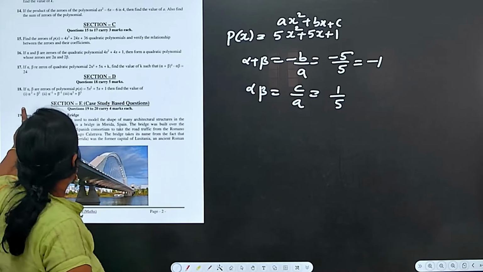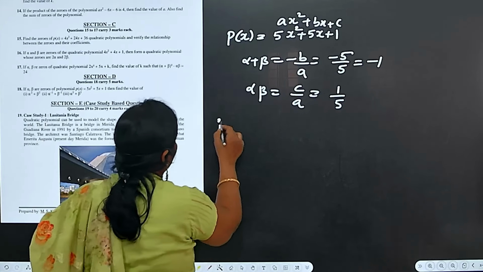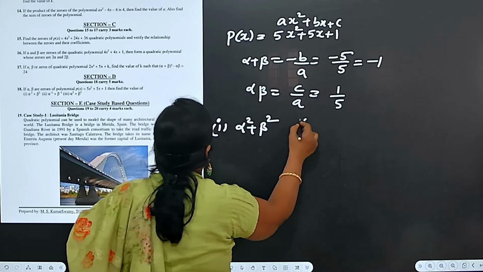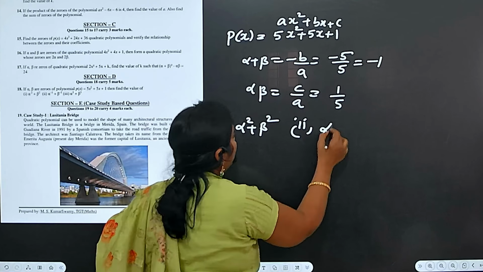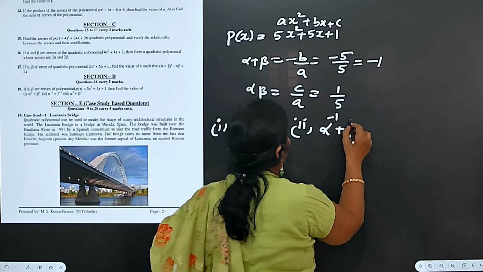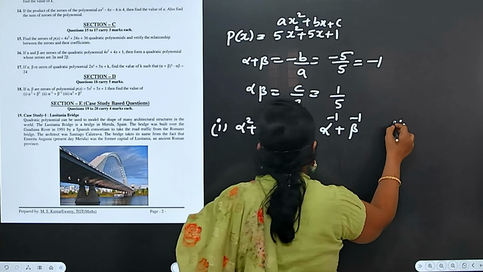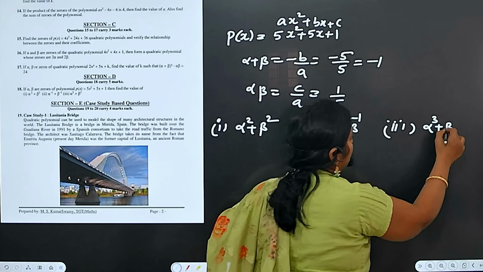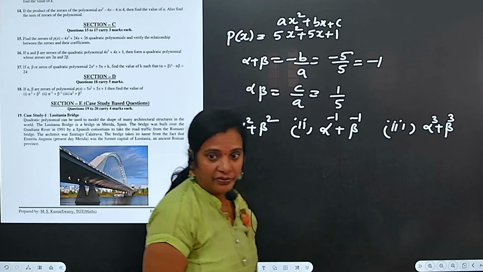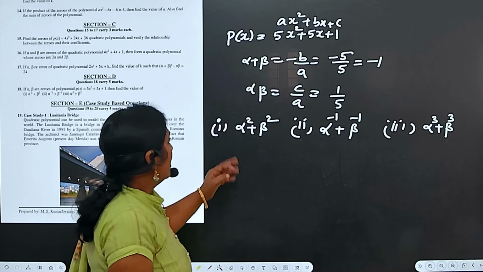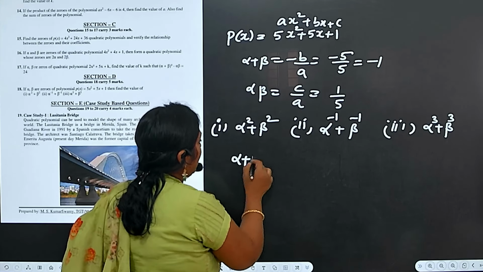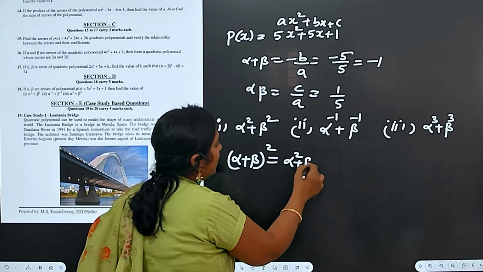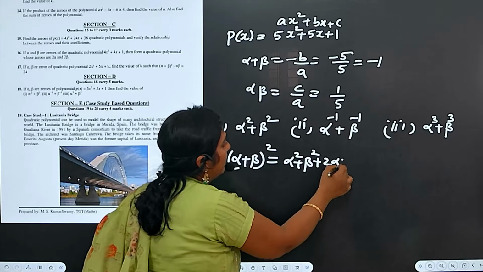Find the value of first question, alpha square plus beta square. Second question, alpha to the power of minus 1 plus beta to the power of minus 1. Third question, alpha cube plus beta cube. Alpha plus beta whole square equal to alpha square plus beta square plus 2 alpha beta.